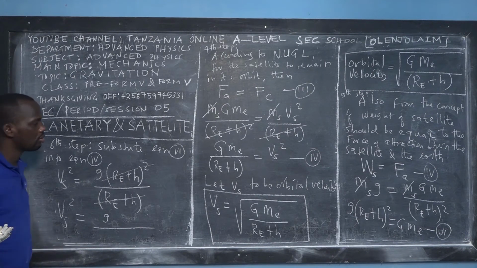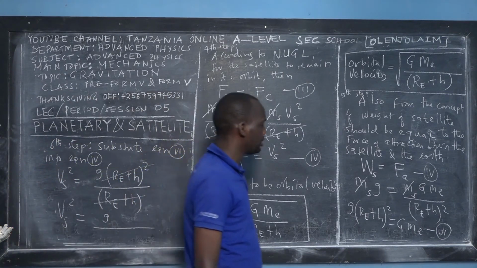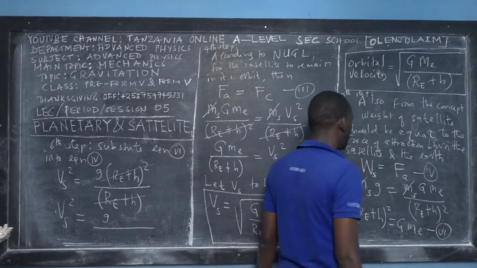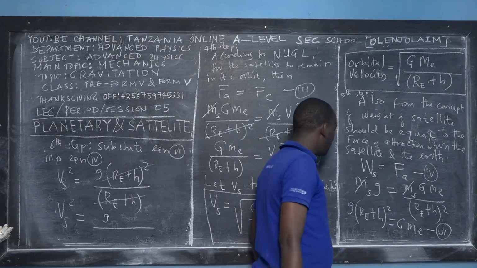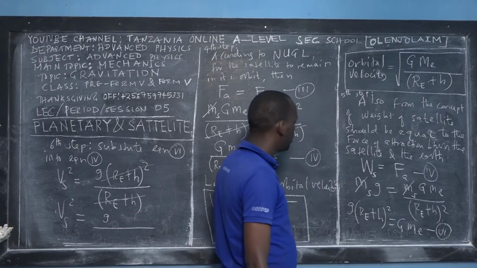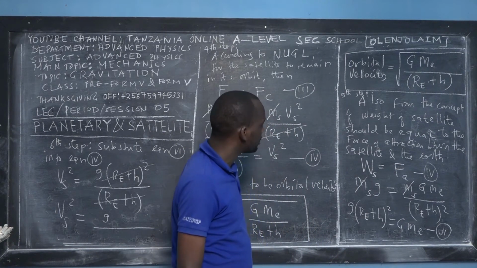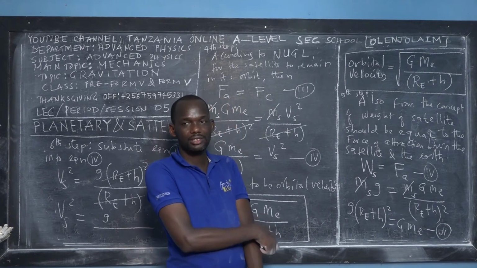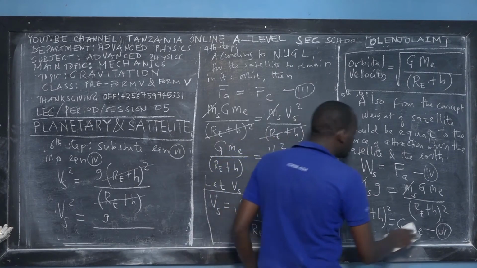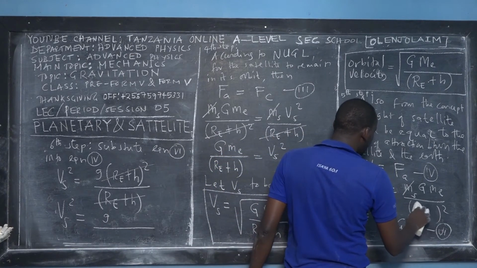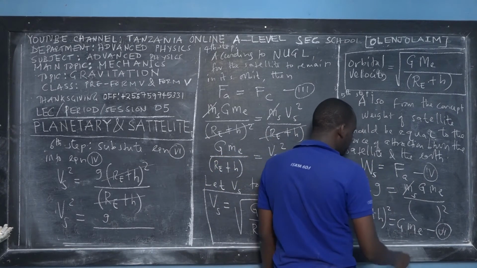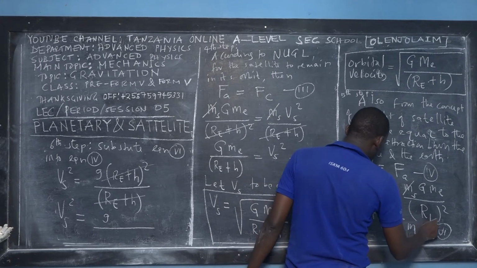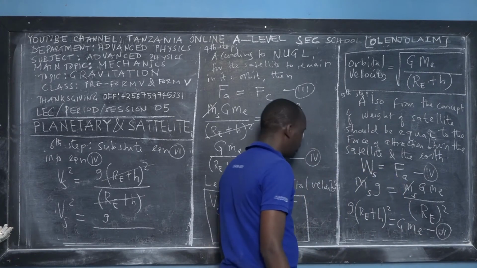Oh, I made a mistake. Excuse me, please. Let me correct this mistake. In case you are considering the weight of the satellite on the Earth's surface, then the height where the satellite is should not be taken into consideration. So here we have radius of the Earth squared, only that.